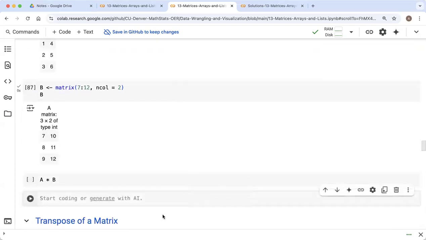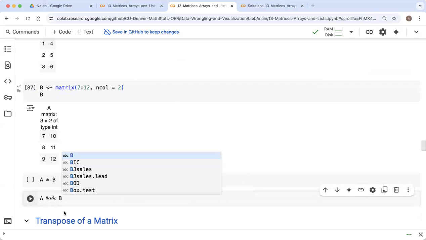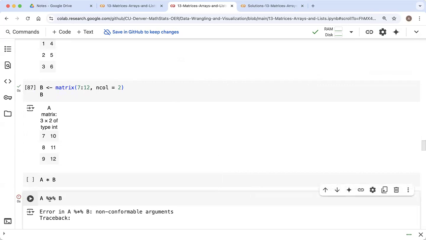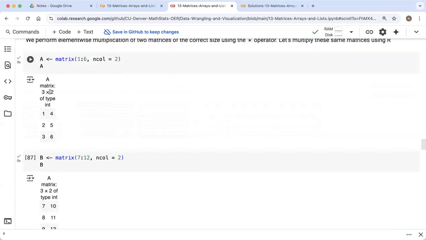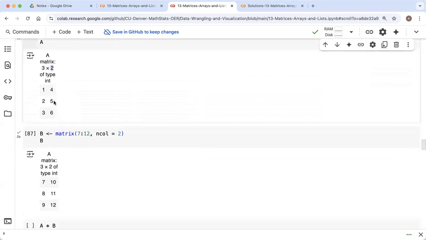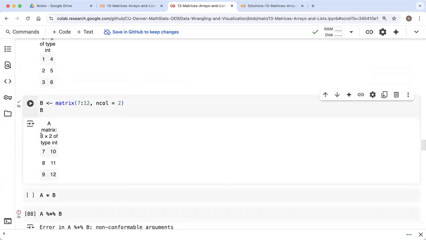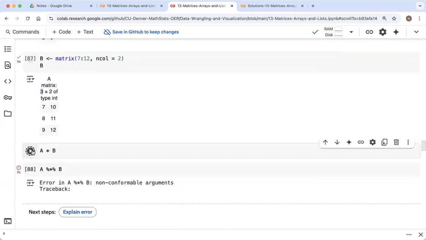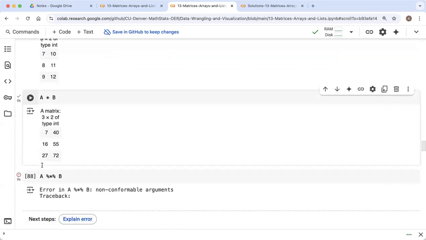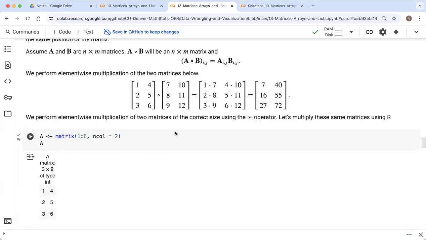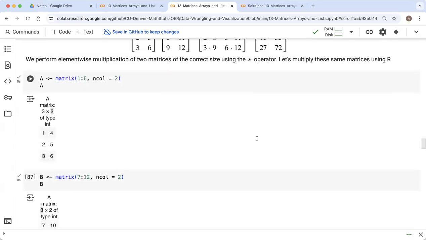Notice that if I try to calculate the matrix multiplication, it's undefined because matrix A has 2 columns and matrix B has 3 rows. So that's out of sync. But I can calculate the element-wise matrix multiplication since they have the same size. So that does work out, and you can check the calculations up here.